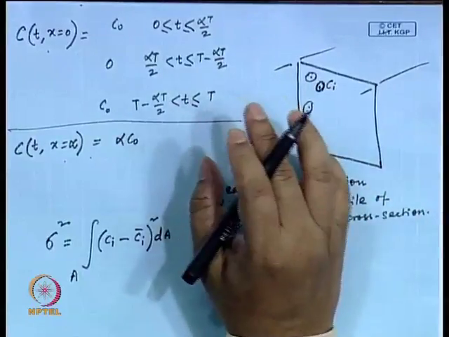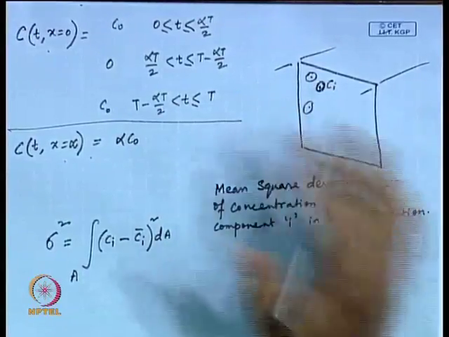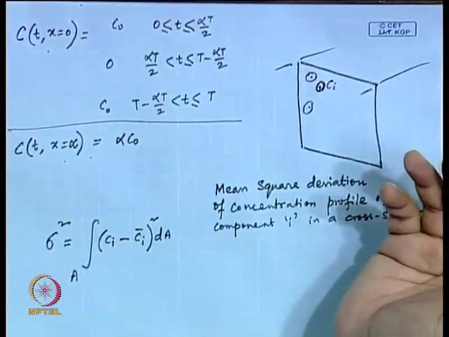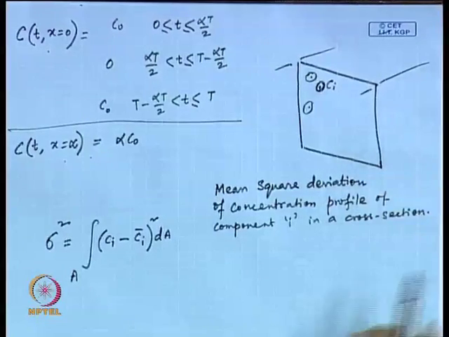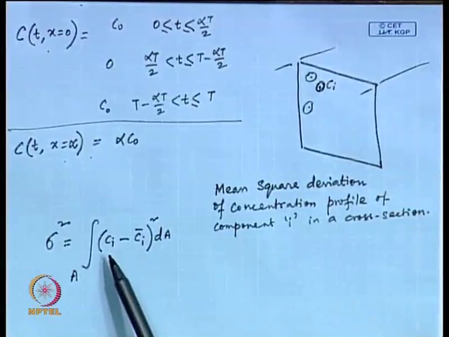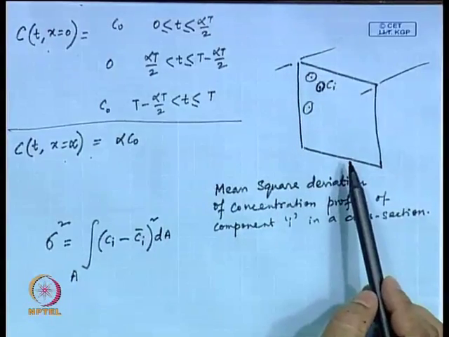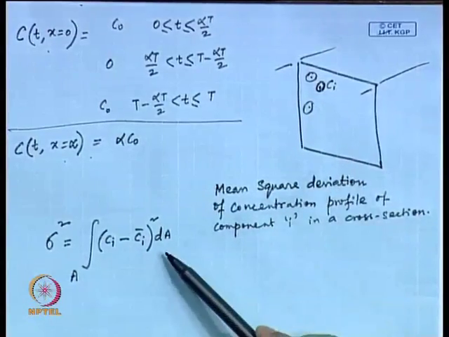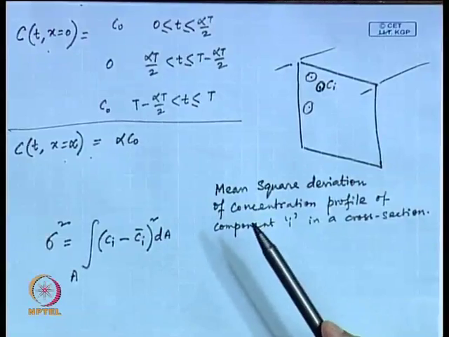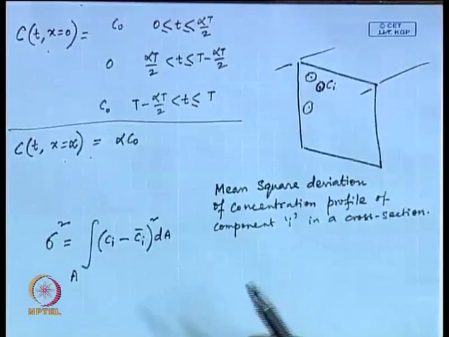It could be on the positive side or it could be on the negative side. So, that is why you are taking the square of it. Okay. So, you are taking the square of this deviation and integrating it over this entire area A, and that gives you a feel for what kind of mixing, but that is not the end of it.